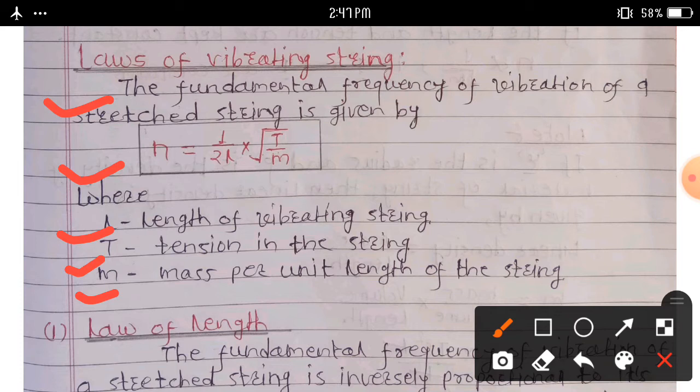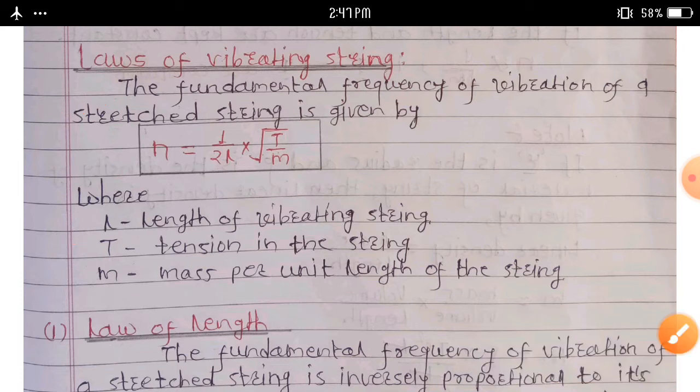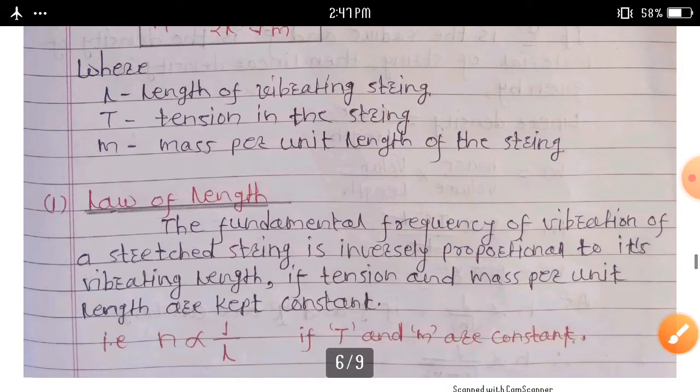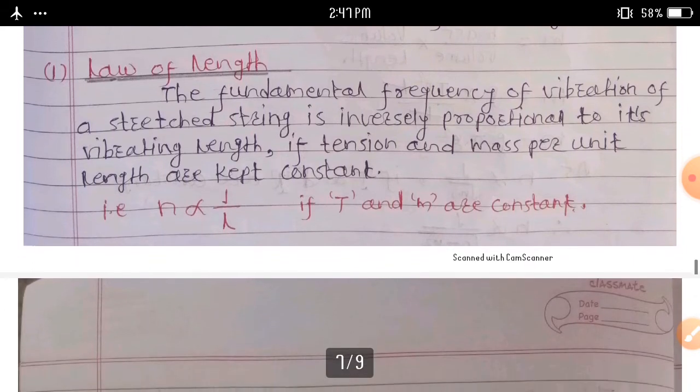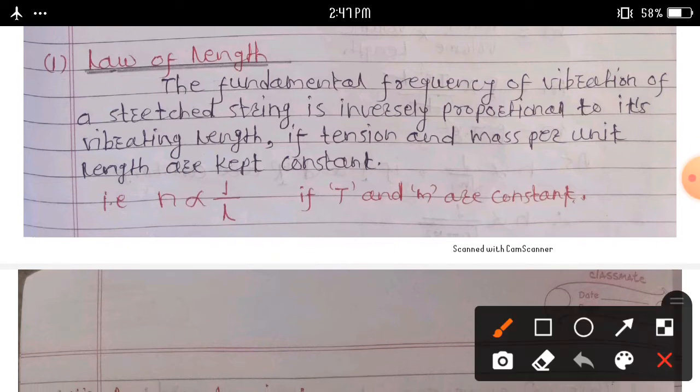According to this relation, we consider the first law. This law is called the law of length. Statement: the fundamental frequency of vibration of a stretched string is inversely proportional to its vibrating length if tension and mass per unit length are kept constant.